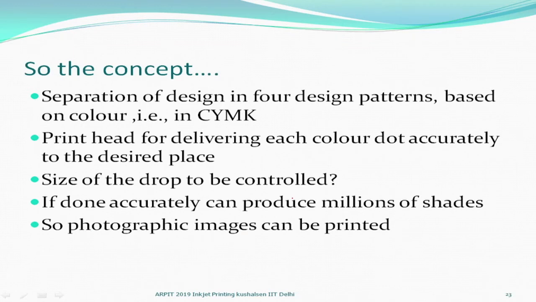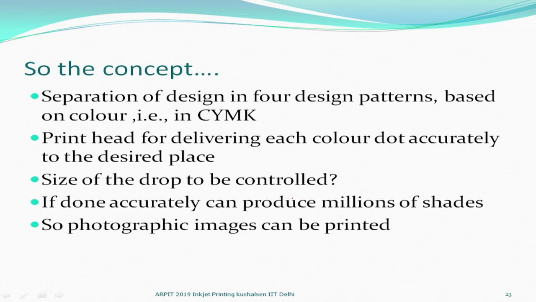So in general, what will be the concept? Concept will be to separate the color. Of course, you have to separate, but any design will be separated into 4 colors. Let us say minimum C, Y, M, K. Right? C is cyan, yellow, magenta, K is black. Right? 4 color printing. There is a print head which delivers each color in a dot formed accurately to the desired place.